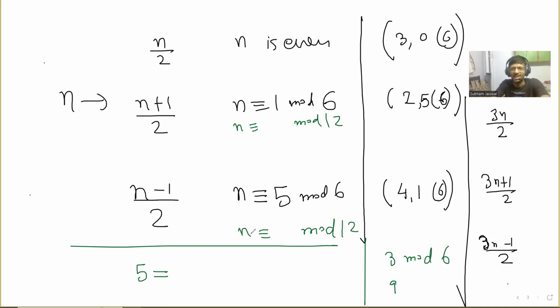What is mathematically nice? I've sort of forgotten the problem, but that is not good. But, yes, because 12 comes in the picture, right? While solving these equations, it was coming. So that's why I thought, let's see. So if it is 5, wait a minute.